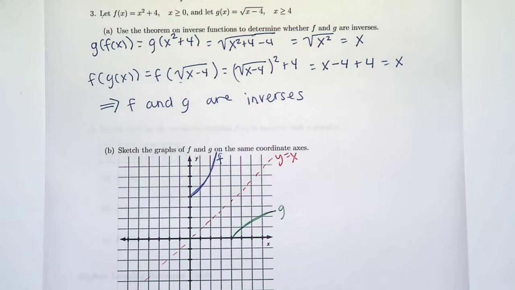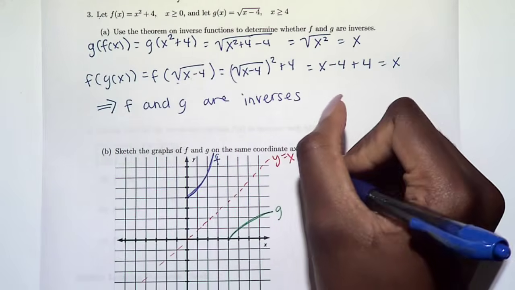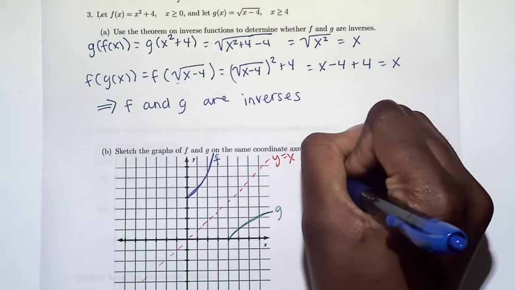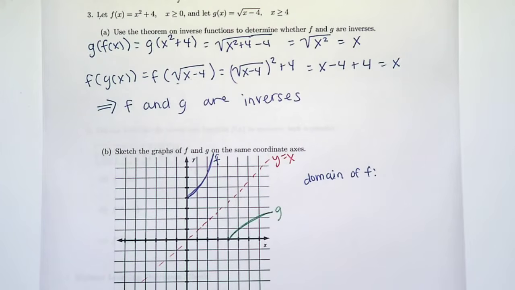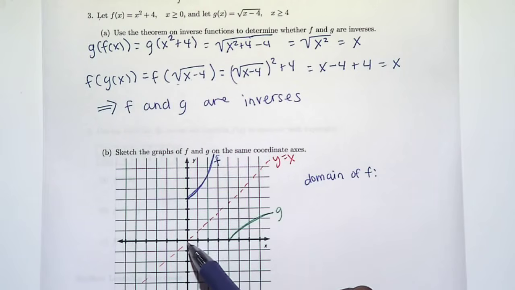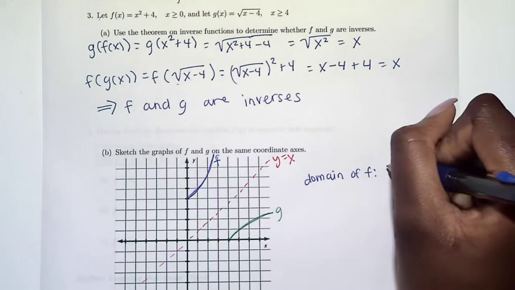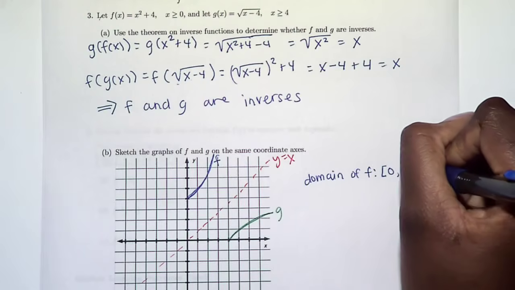Also, let's talk about the domain and range of inverse functions. We've already determined these two are inverses. So let's first look at the domain of f. It's from 0, so x is 0, to infinity, including 0.